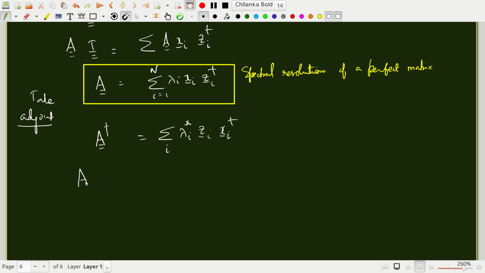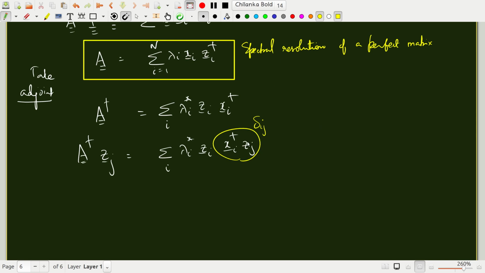Now if I operate with A dagger on z_j, it is sum over i of lambda_i star z_i x_i dagger z_j. But this is delta_ij. That's how we constructed the reciprocal basis, right? The reciprocal basis was constructed such that it is orthogonal to the original basis. So this delta function will kill the summation to give A dagger z_j equals lambda_j star z_j.